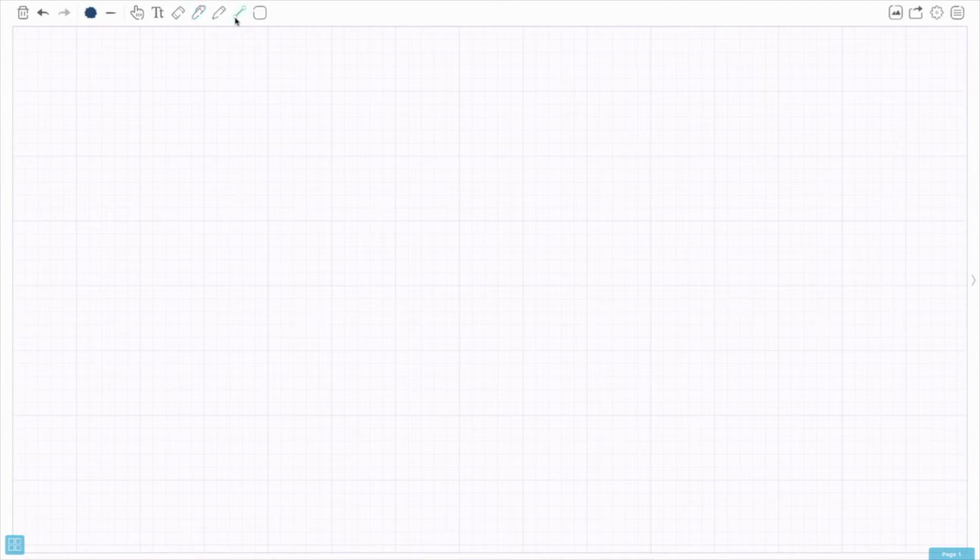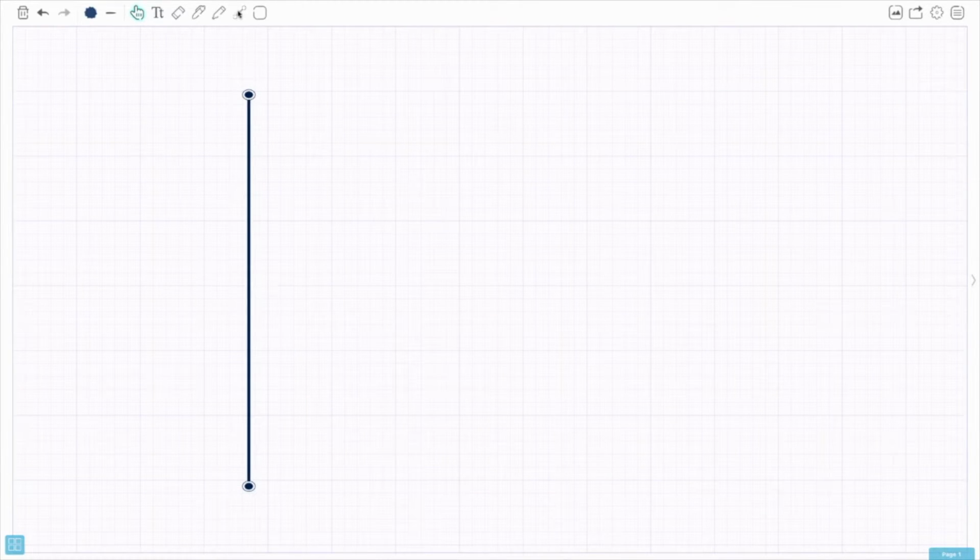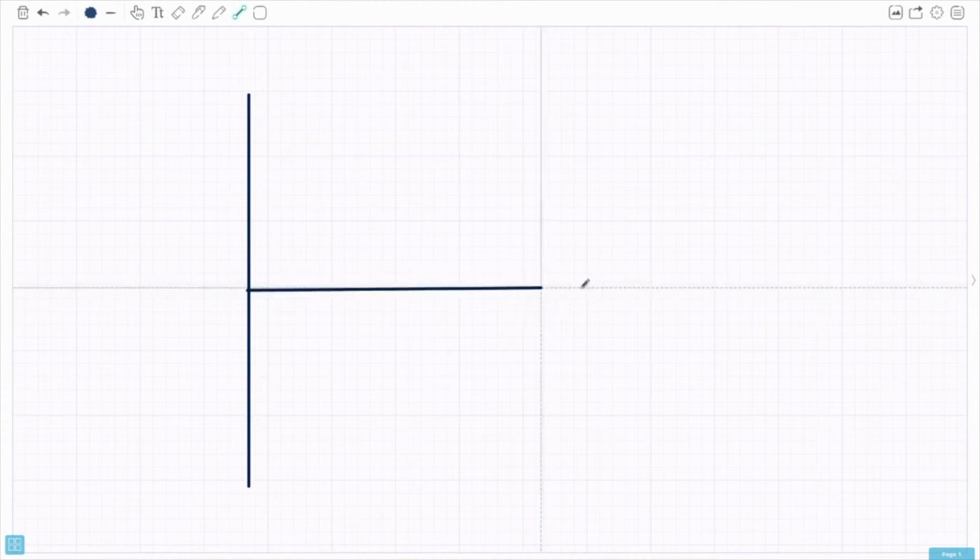Now let's go over the velocity time graph for the same ball and same speed, same acceleration of gravity. Here we have the y-axis as velocity, and here we have the x-axis as time. So first, the initial velocity of the ball is 10 meters per second.